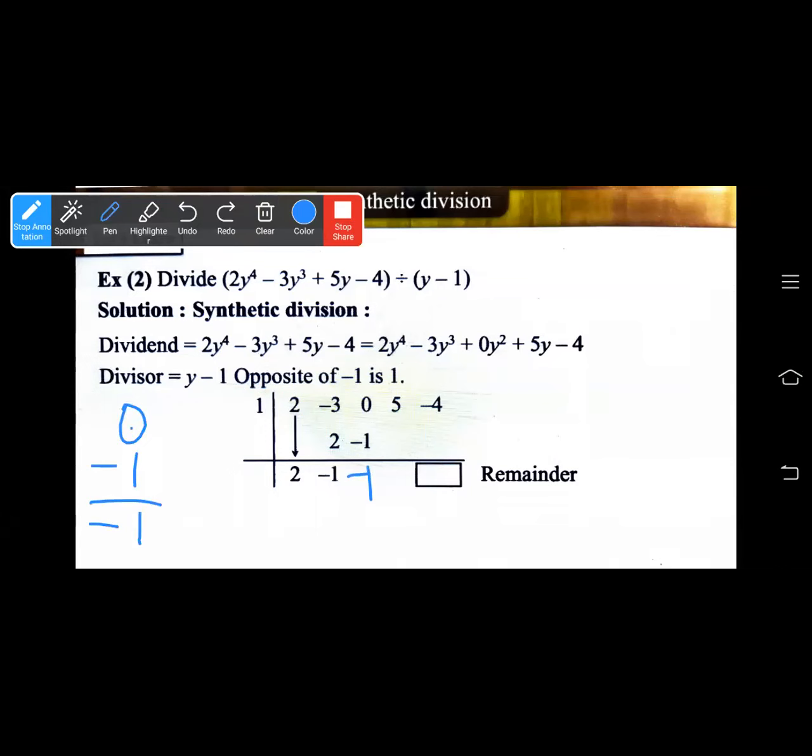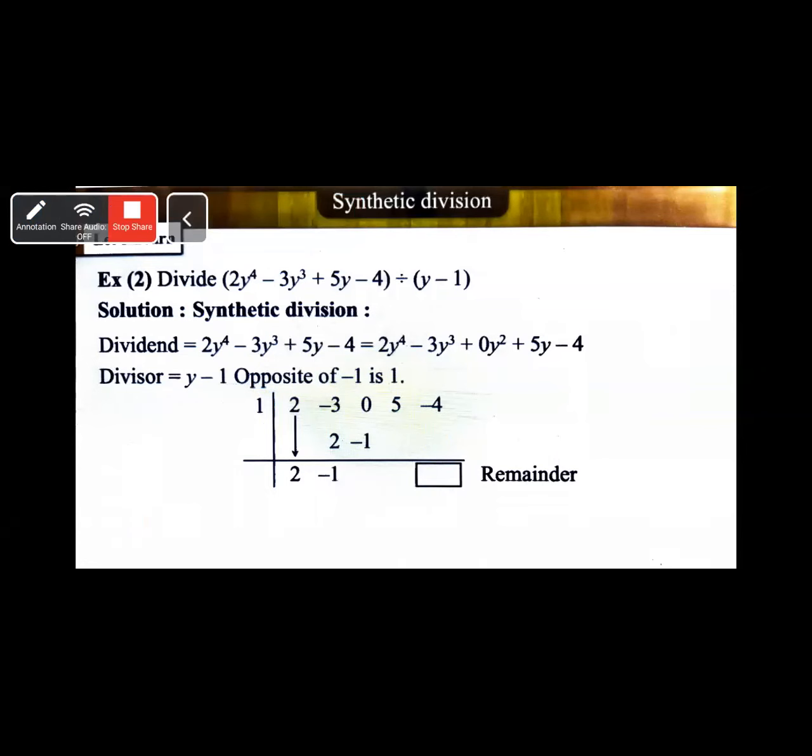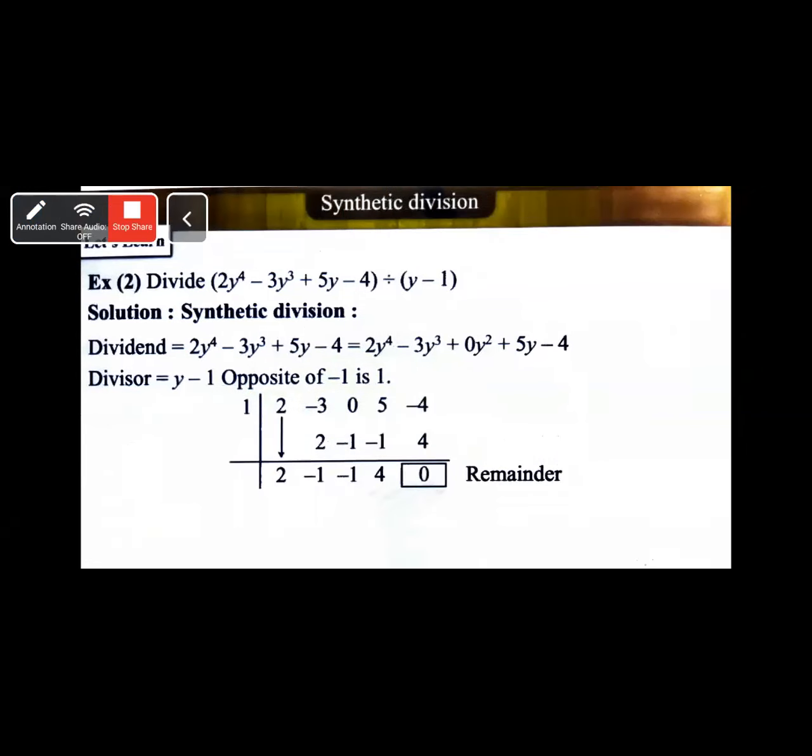Write it down here. Then minus 1 multiplied by 1 is again minus 1. Then 5 minus 1 is 4. And then 4 multiplied by 1 is 4. Minus 4 plus 4 is 0. This way you will get the coefficient form of the quotient and remainder 0.